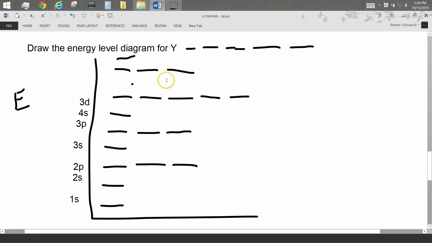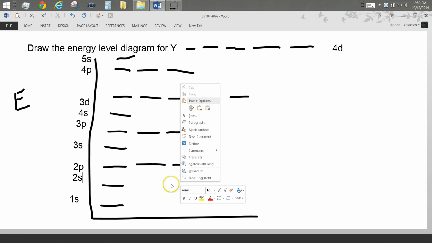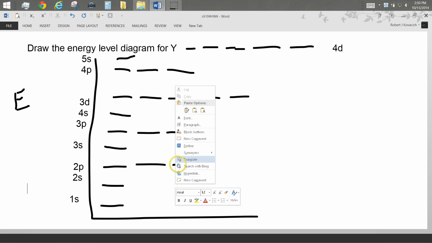Delete that out of there. 4p, 5s, and then I'll put it over here, 4d. Okay. And what am I going to do with this?